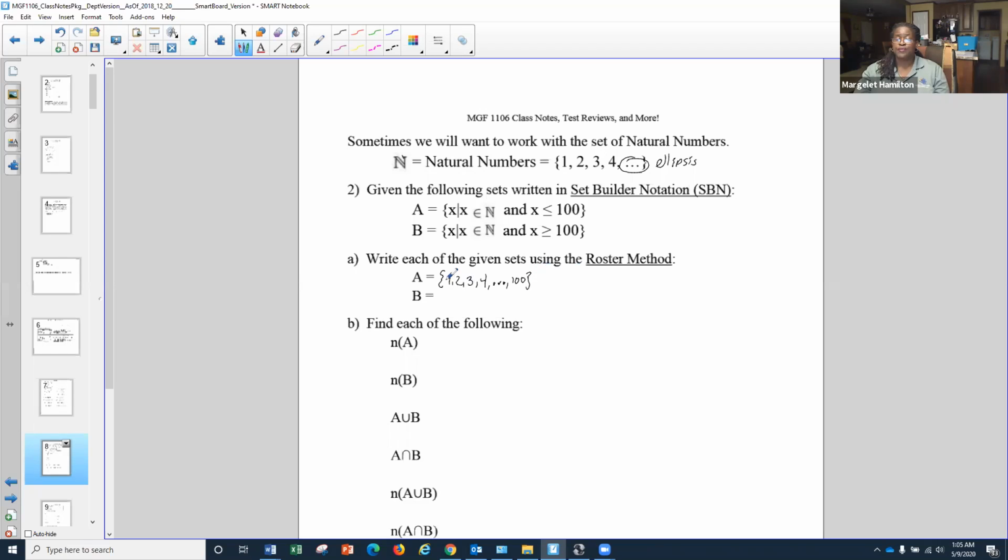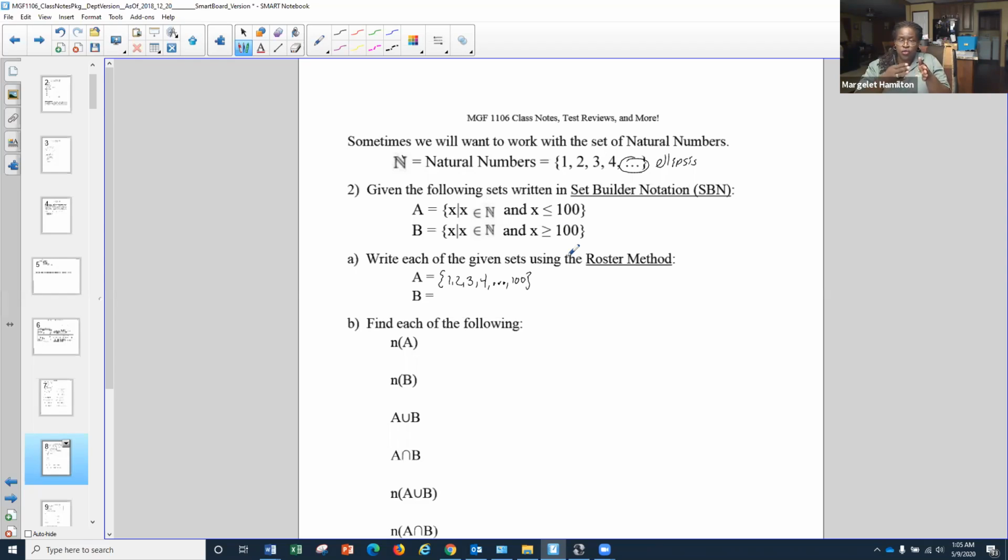All right, so here's my set representing where x is less than or equal to 100. Now B says that x is going to be greater than or equal to 100. So if it's greater than or equal to 100, that means we're going to start at 100 and keep going on, right?